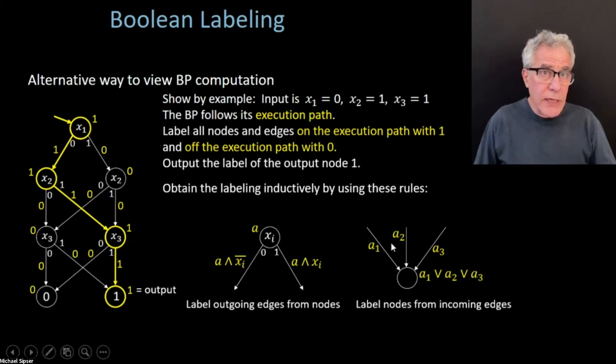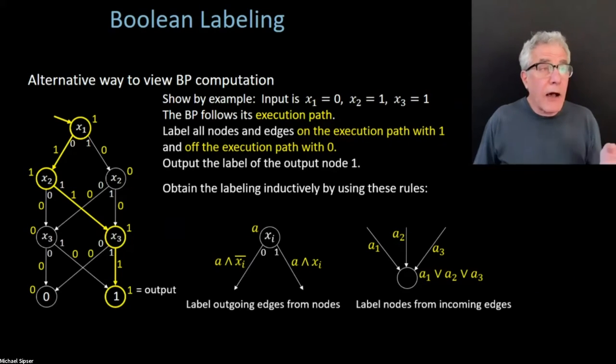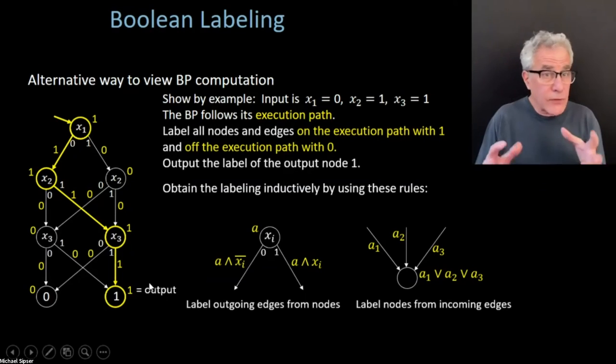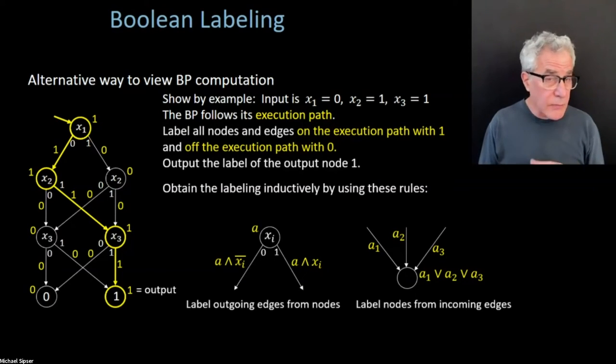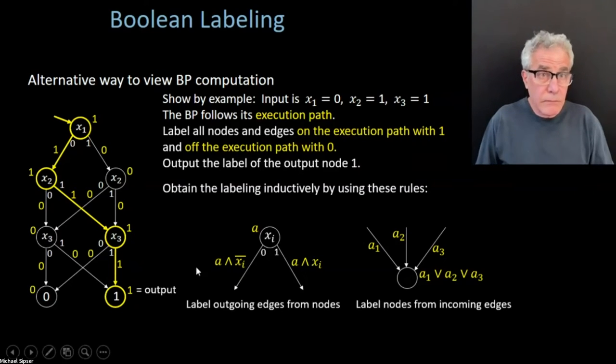If the path went through here, or there, or there, then it's going to go through that node. So that's why the OR is the right thing to say. So this gives me another way of constructing the labeling over here without even talking about paths. But as I describe it, I argued that it's going to give the same result.